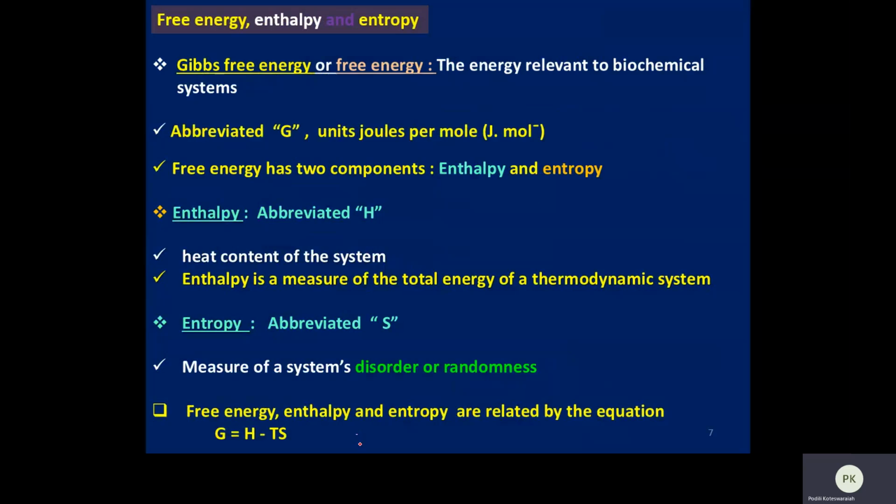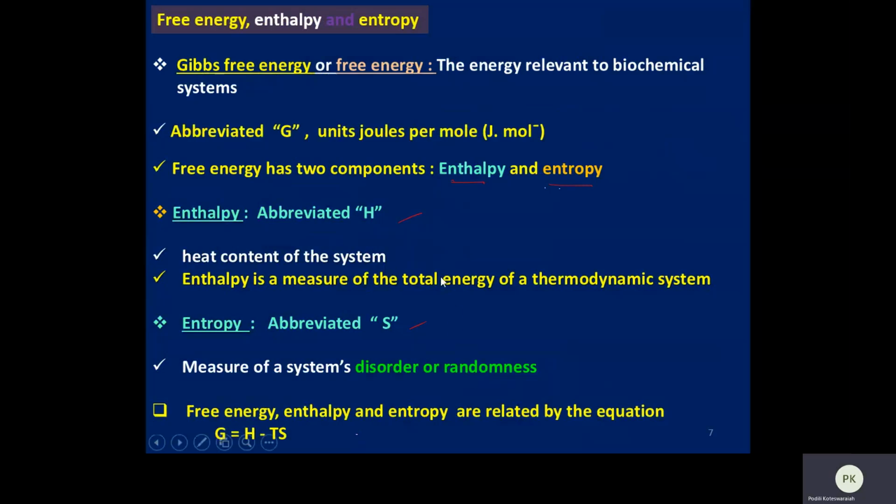Free energy is the energy that is available to do work. We can also call it the energy relevant to biochemical systems. Free energy is abbreviated as G, and its units are joules per mole. Free energy has two components: enthalpy and entropy. Enthalpy is the heat content of the system, whereas entropy is the randomness or disorderedness of the system.